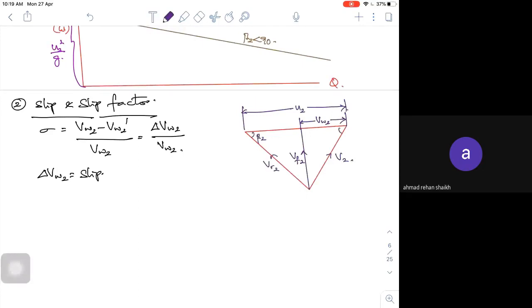What we have seen is that this whole triangle will get reduced, that is, VW2 will get reduced something like this. So this is my alpha2 dash. If this whole VW2 gets reduced, the impact will be that the whole velocity gets reduced.